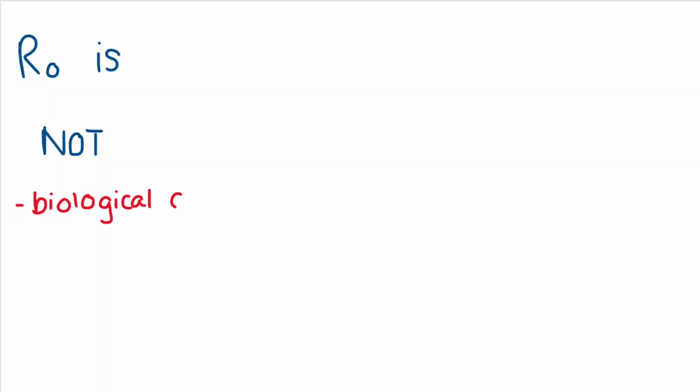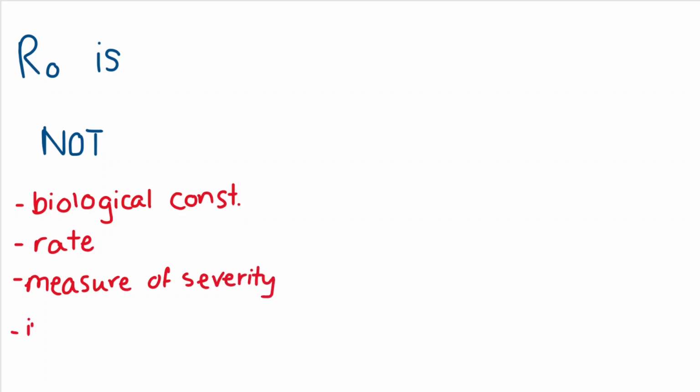R0 has been misinterpreted many times in the past. Let's have a look at what R0 is and what it is not. It is not a biological constant for a pathogen. It is not a rate over time. It is not a measure of disease severity. It cannot be modified through vaccination.